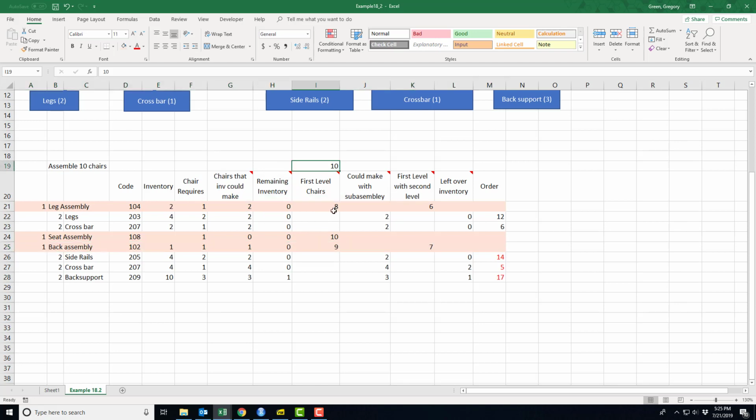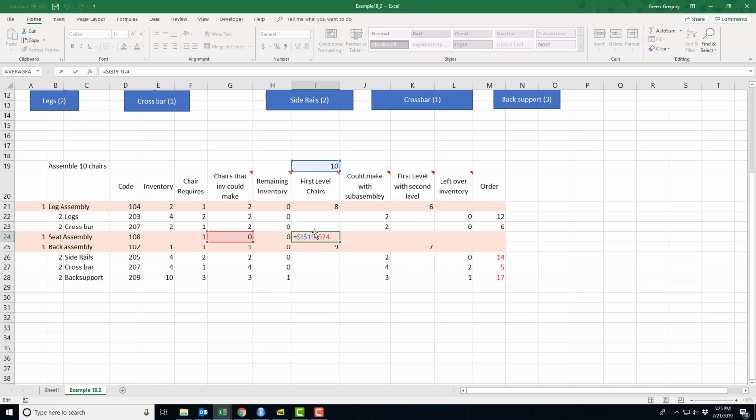Well, I need to make 10, so here's what I did. I just said, okay, how many chairs will I have left after I've made my 2 chairs? Well, I'll have 10 minus those 2 chairs. I would have 8 chairs left. At this level, I don't have any inventory.